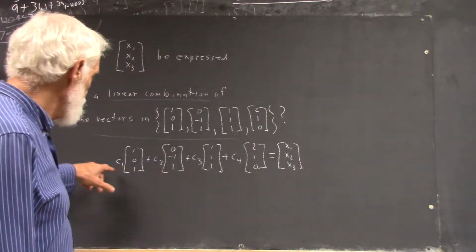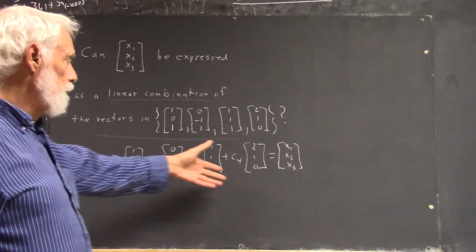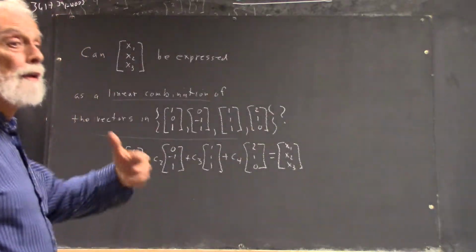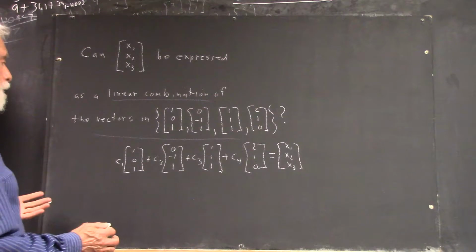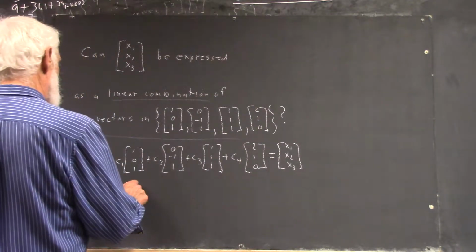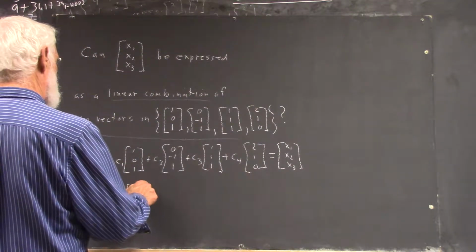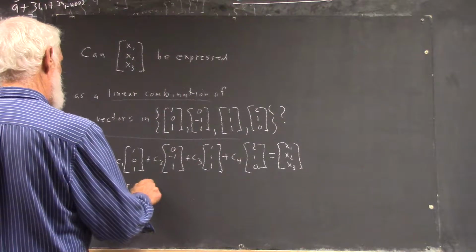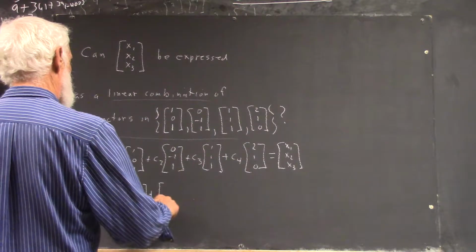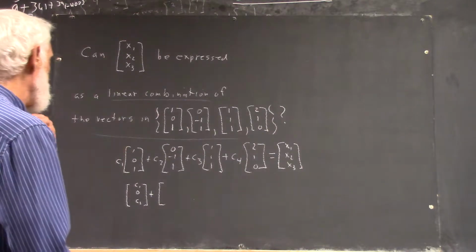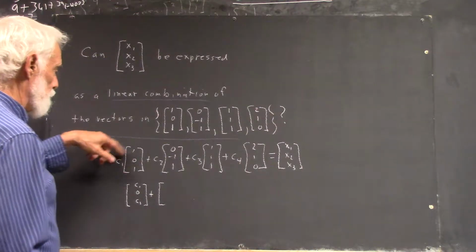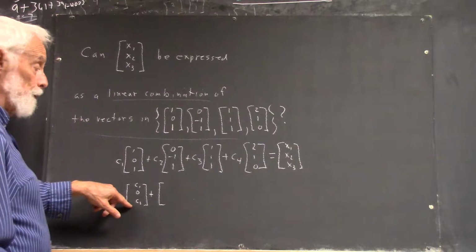Now we don't know what x1, x2, x3 are, but we can solve for C1, C2, C3, C4 in terms of the expressions x1, x2, and x3. How do we do that? Well, use the multiplication property for vectors. Clearly C1 times (1, 0, 1) equals (C1, 0, C1).